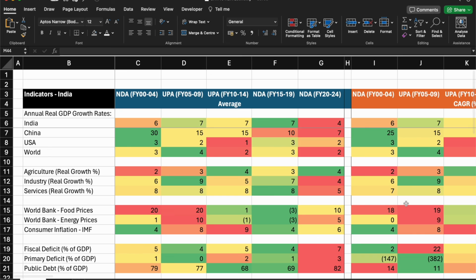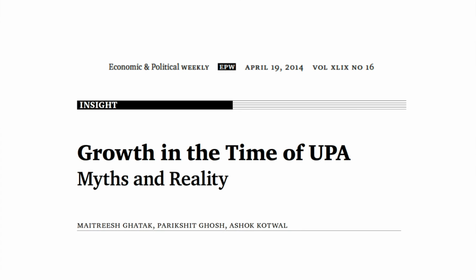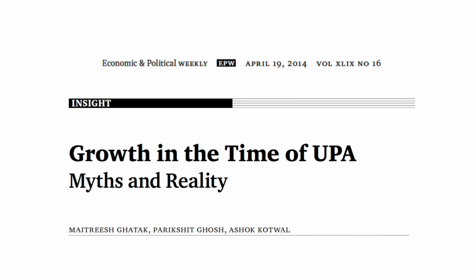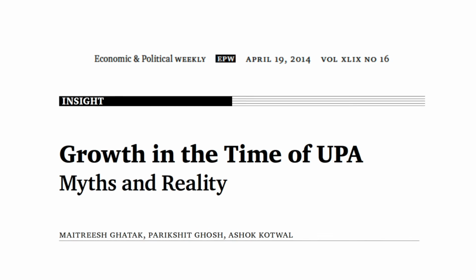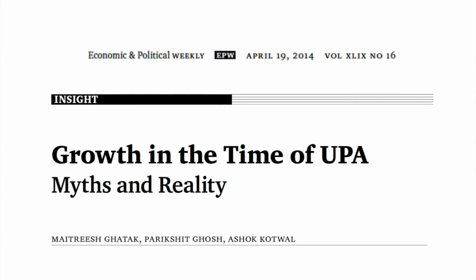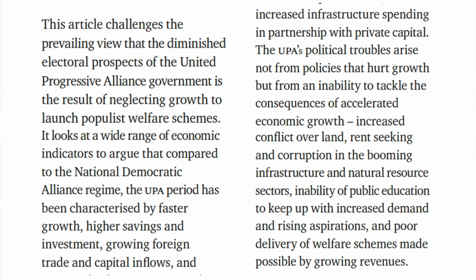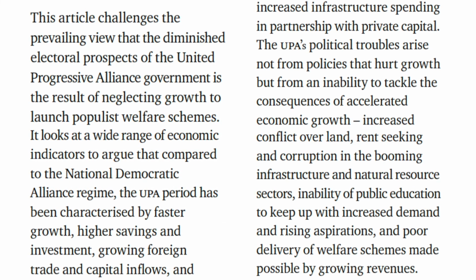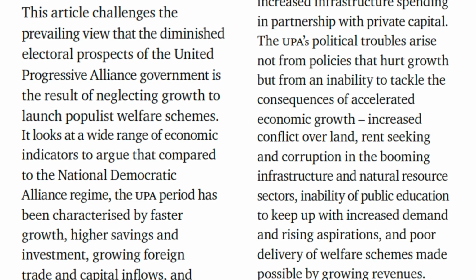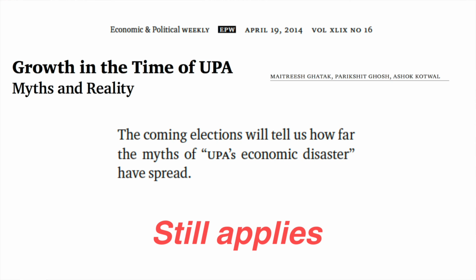My point is, I am not interested in political things, I am only interested in bringing out true information. Just like the white paper, there is another very old paper in EPW that talks about UPA's achievements, some myths, and some problems with those governments. That paper will clear all your biases if you have any.